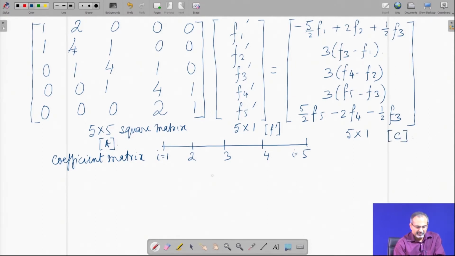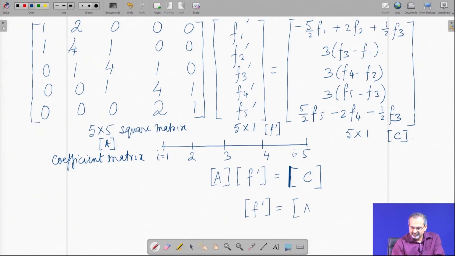So, this matrix equation can in principle be written like this. And you could get a solution for f dash in principle if you can find out the inverse of the coefficient matrix and multiply it by the right hand side column vector.